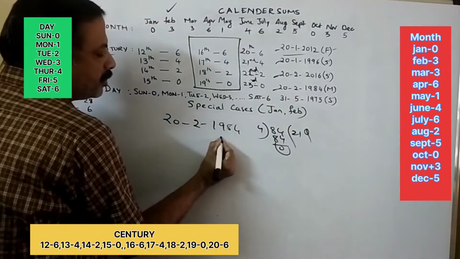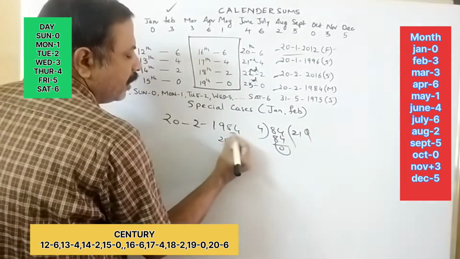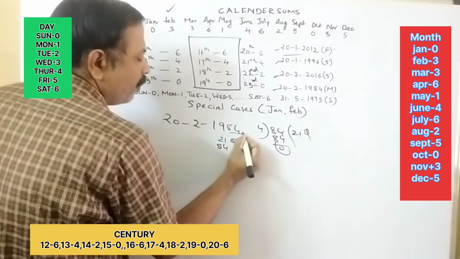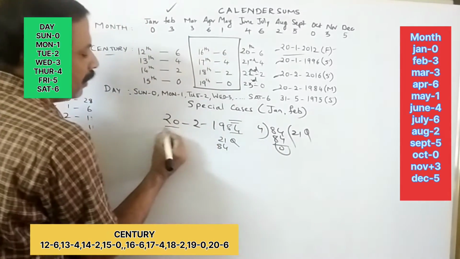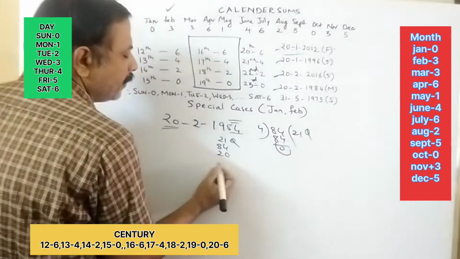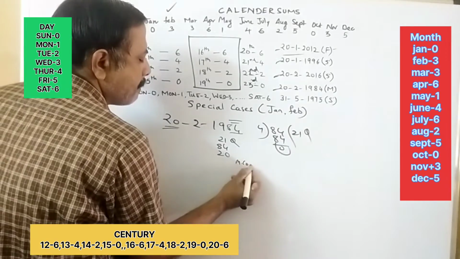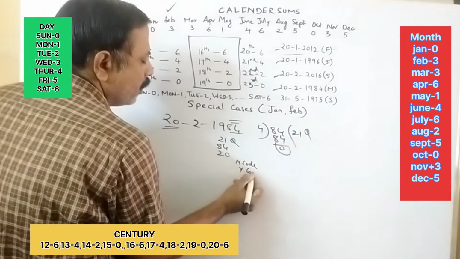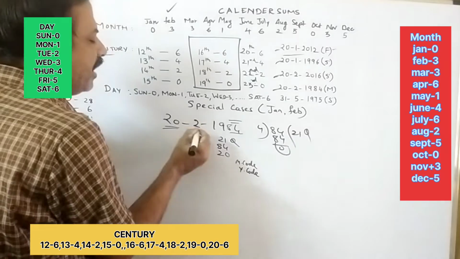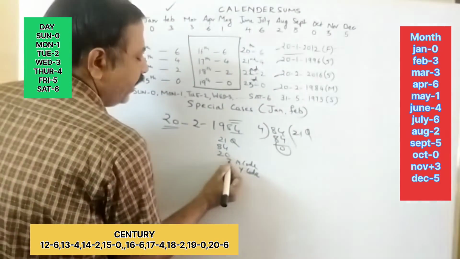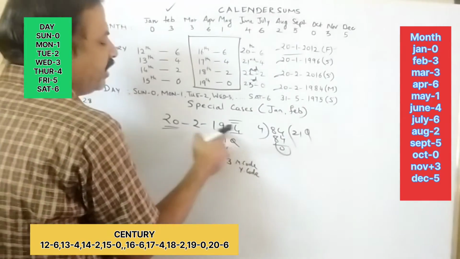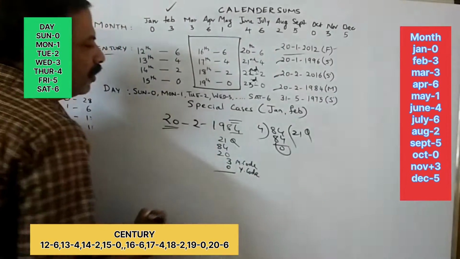The quotient is 21. The last two digits are 84. The date is 20. Month code: which month? February, it is 3. And which year? 1984, it is 0.